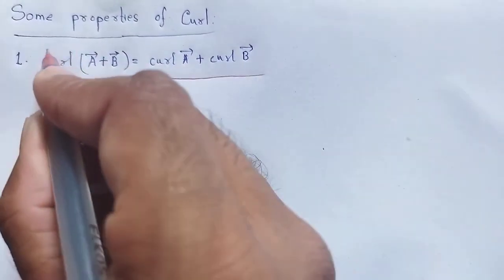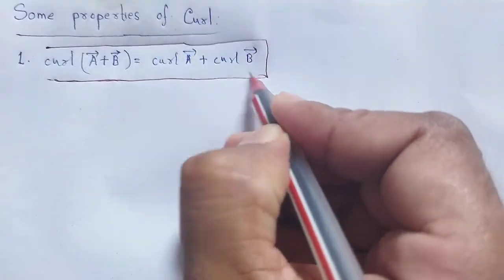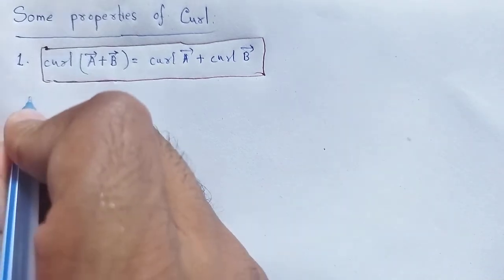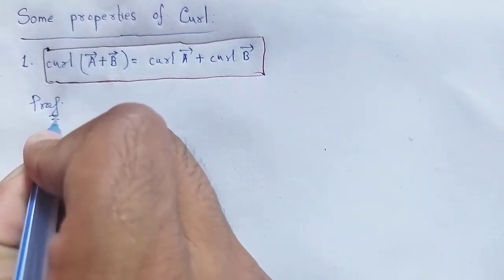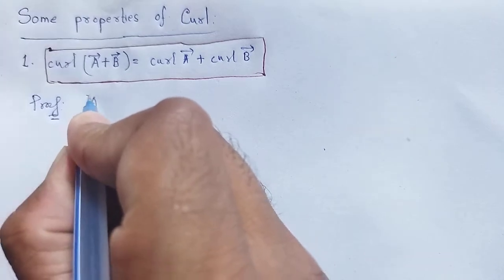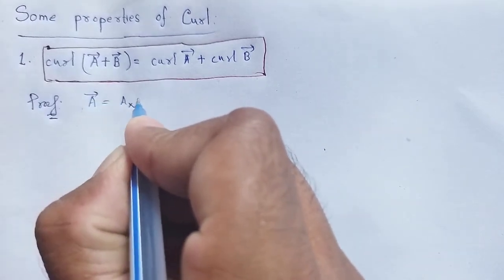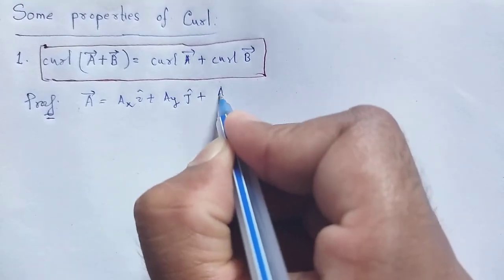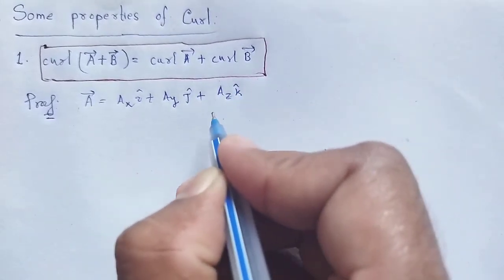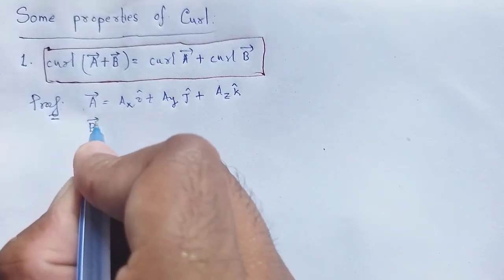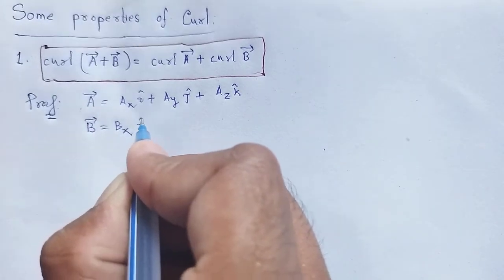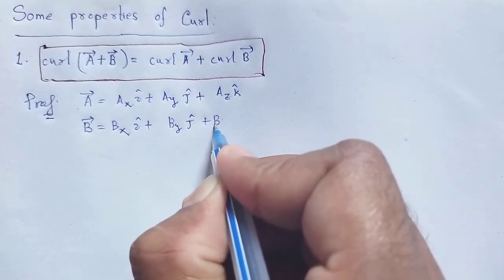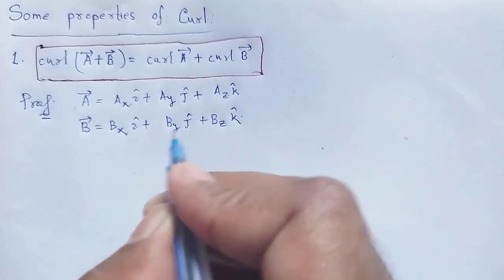That is, curl of A plus B is equal to curl of A plus curl of B. Let A vector be equal to Ax i cap plus Ay j cap plus Az k cap, and B vector be Bx i cap plus By j cap plus Bz k cap.